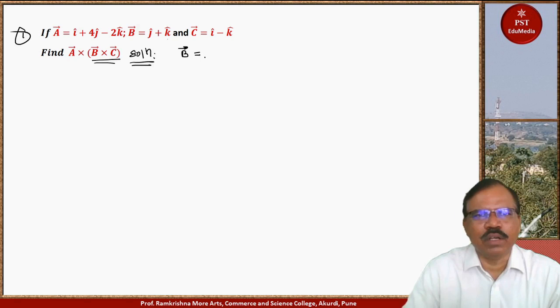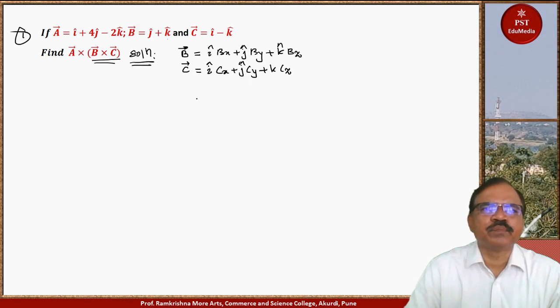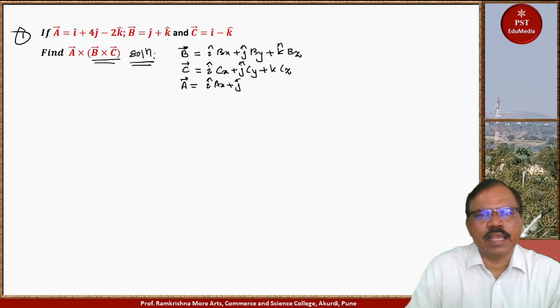So B is equal to IBX plus JBY plus KBZ, and C is equal to ICX plus JCY plus KCZ, and A we can take as IAX plus JAY plus KAZ.